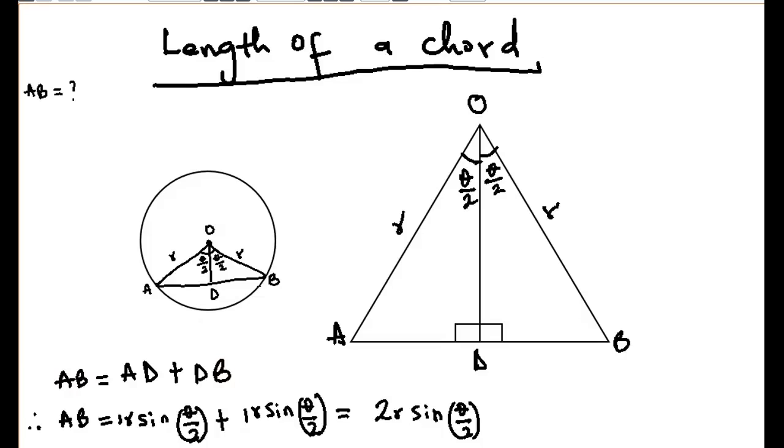I doubt you'll be asked to prove it in an exam. But just know it, the way you know the formula for the area of a rectangle as length times breadth. Just know that finding the length of your chord is just 2R sine theta over 2, and that's all. But if you care about the proof, now it's here for you. So let's look at some questions under it.